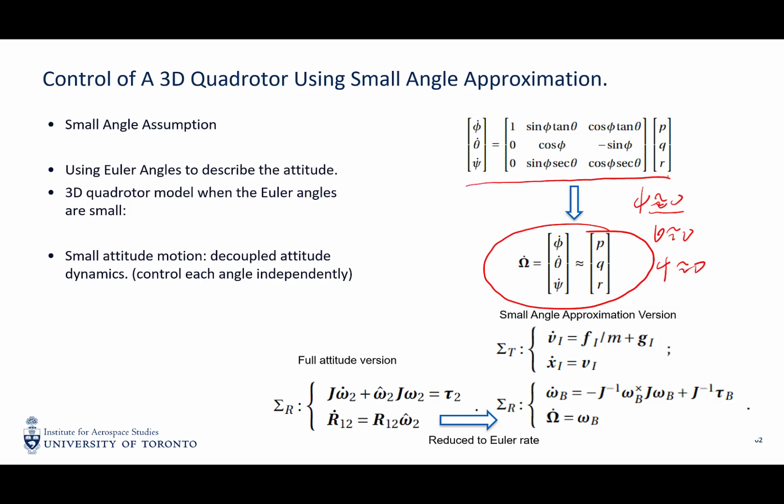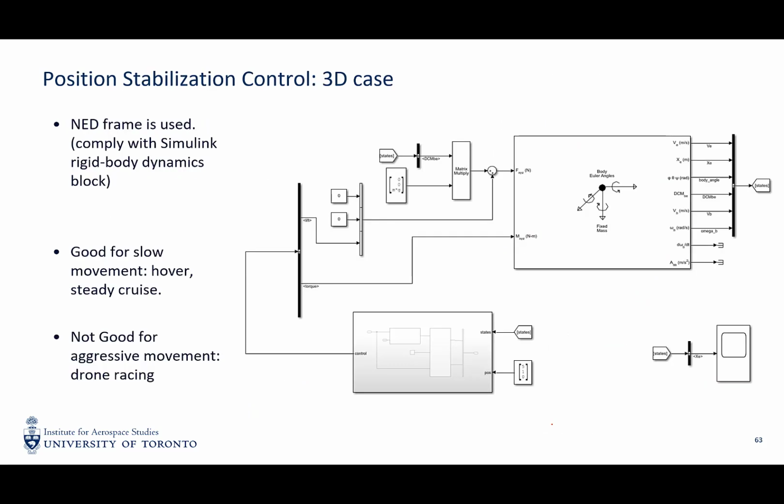By using this assumption, we can conclude that the Euler rates, the rate of change of the Euler angles, are approximately equal to the angular velocity measured in the body-fixed frame. So we can replace this nonlinear equation with a linearized attitude kinematics.